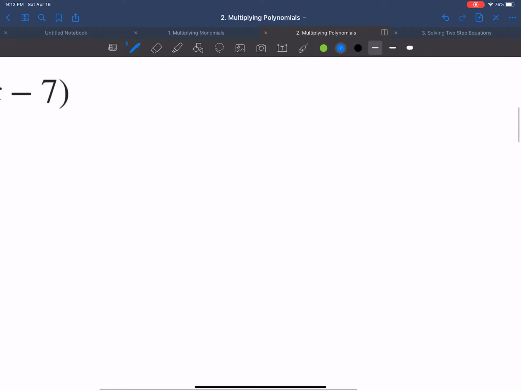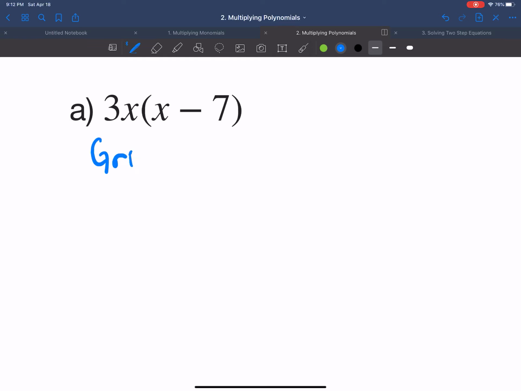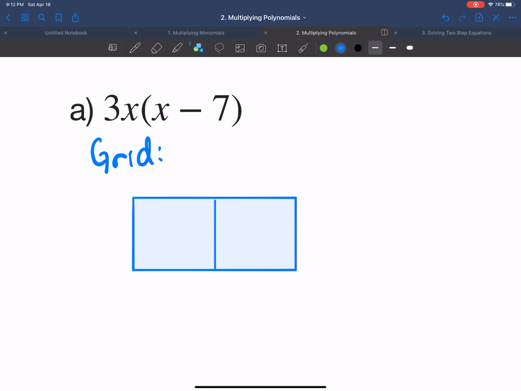Okay, so let's look at this: 3x times x minus 7. If I use the grid method, I'm taking the 3x and multiplying by 2 terms, x and negative 7. So when I'm drawing my grid, I need only 2 boxes.